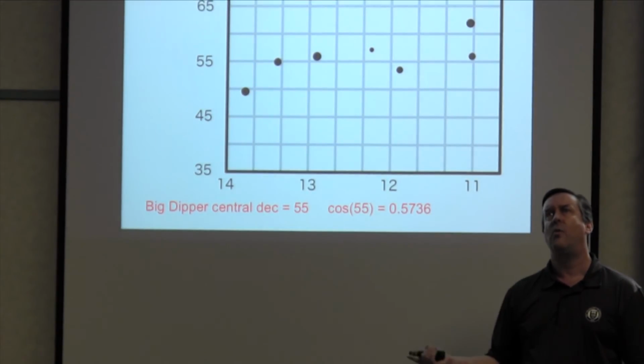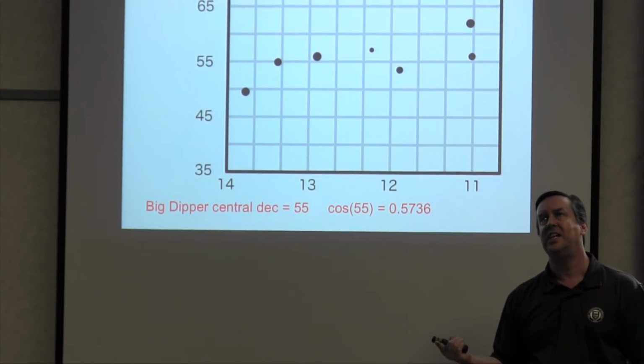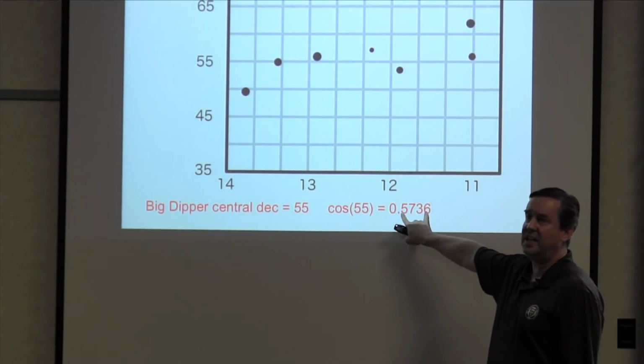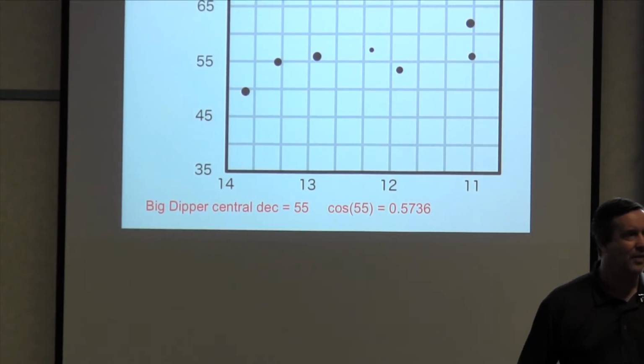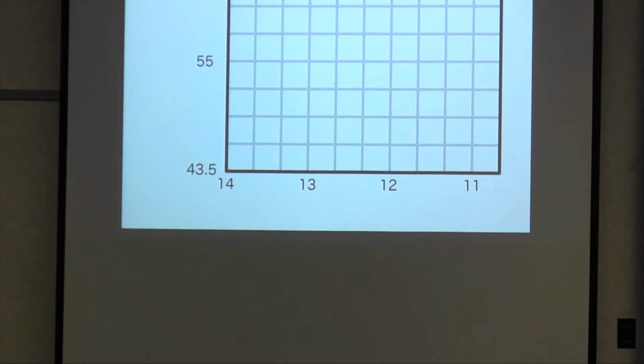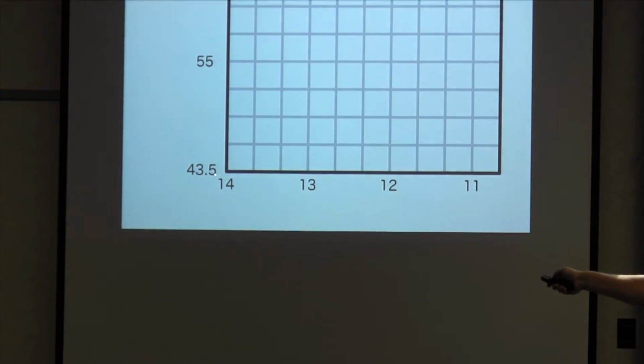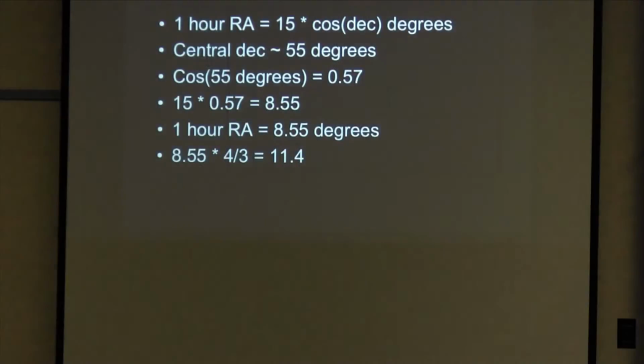No. A 1 hour RA is 15 times the cosine, so 15 times 0.6. We did this, it's going to be around 9. Rescale this, and what you need, from top to bottom, keeping 55 in the center, is your bottom at 43.5 and your top at 66.5. It doesn't work out in nice even numbers. It doesn't always do that in science. And then you plot it.